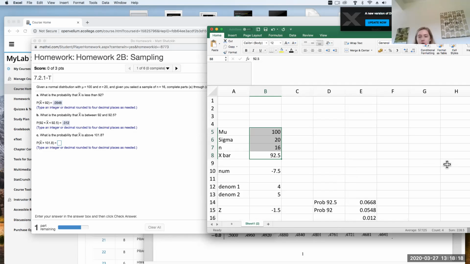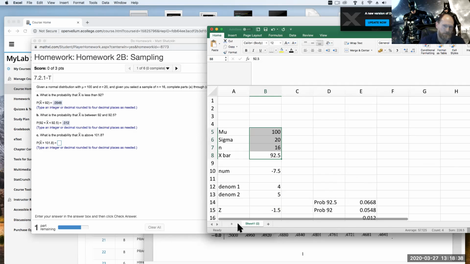Can we set up our Excel like this for the exam? Would that count as showing our work if we have them on separate sheets? Absolutely. To each his own.